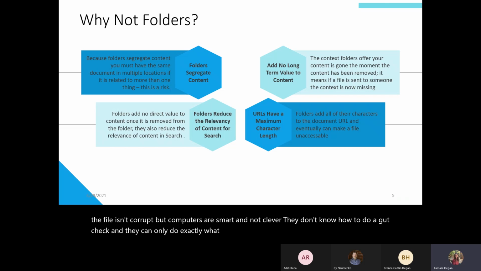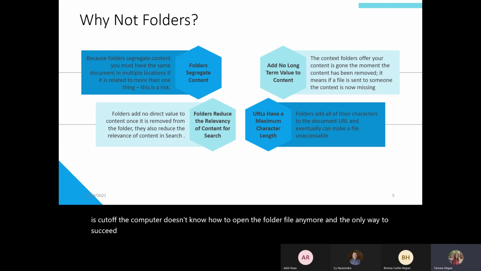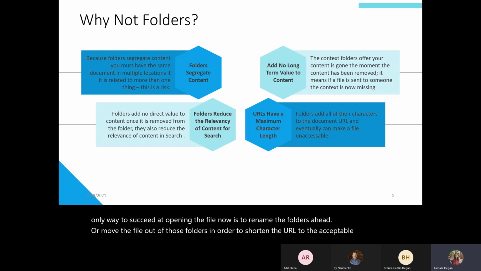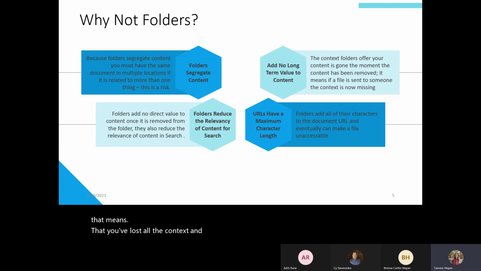So as soon as the URL extension is cut off, the computer doesn't know how to open the file anymore. And the only way to succeed at opening the file now is to rename the folders ahead or move the file out of those folders in order to shorten the URL to the acceptable length. That means that you've lost all the context and the value that those folders gave you in the first place.